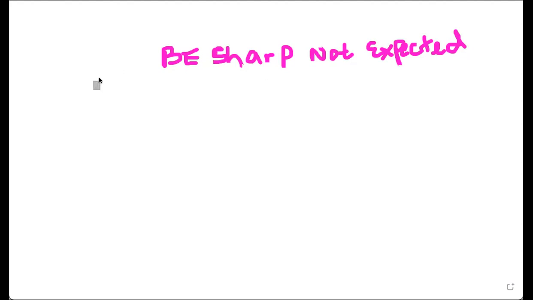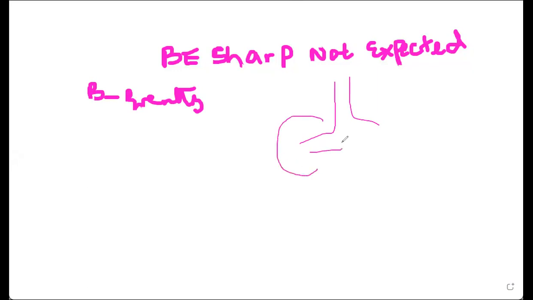So the B in the B sharp is a breathing problem. People get confused with a breathing problem. Your lung is supplied by these tubes, which we call bronchi, trachea, that carry air from your mouth all the way into the lungs.